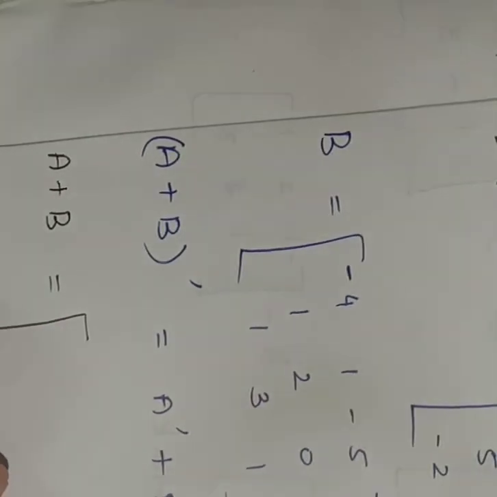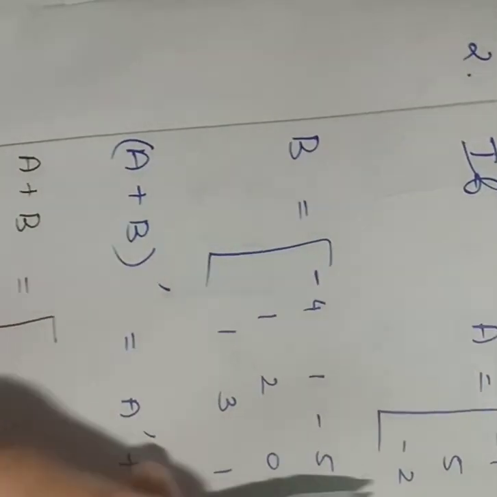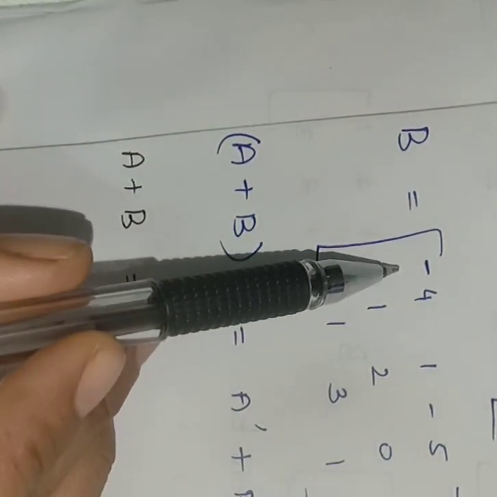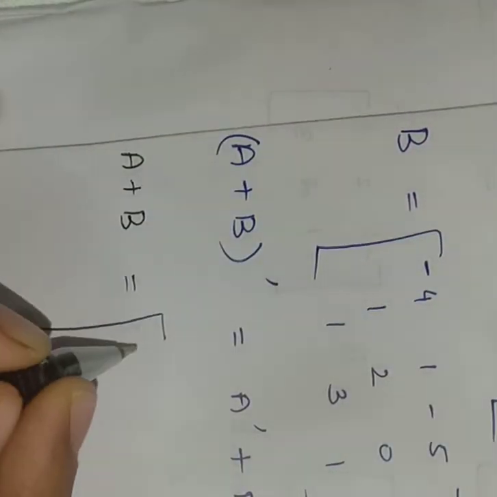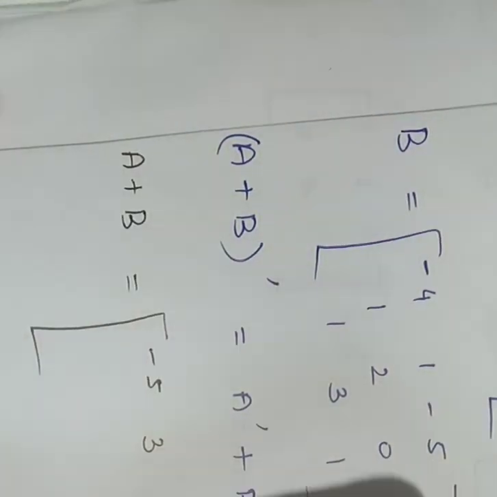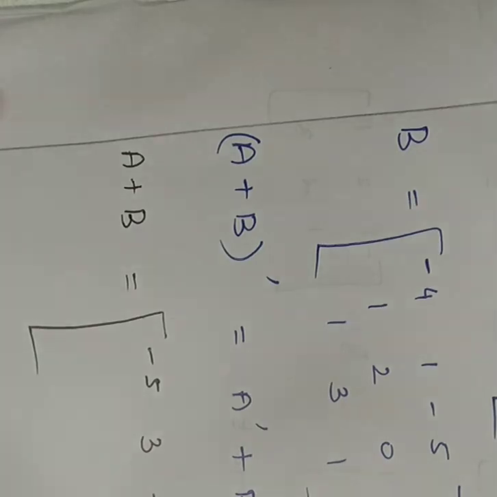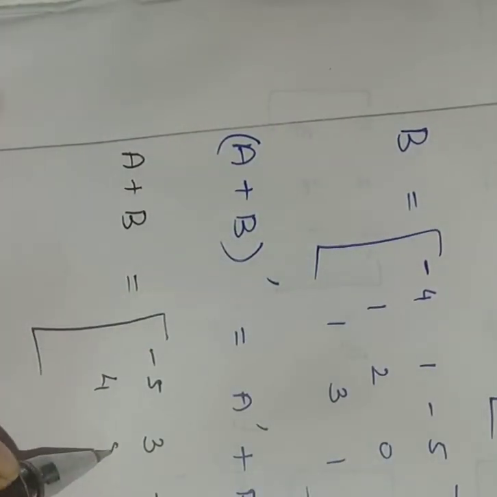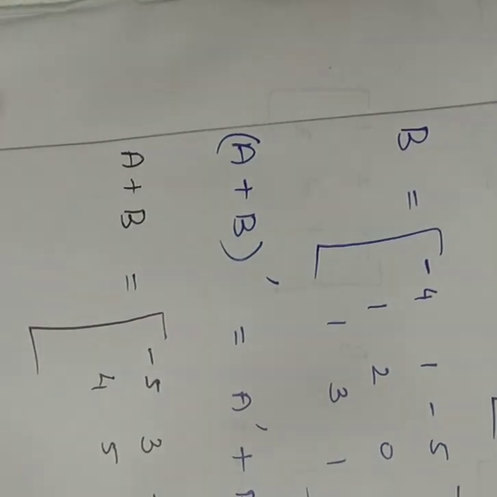So what is your A plus B? I am going to add A and B, right? So minus 1 minus 4 will become minus 5. 2 plus 1 will become 3. 3 minus 5 will become minus 2. 5 minus 1 is 4. 7 minus 2 is 5. 9 minus 0 is 9.